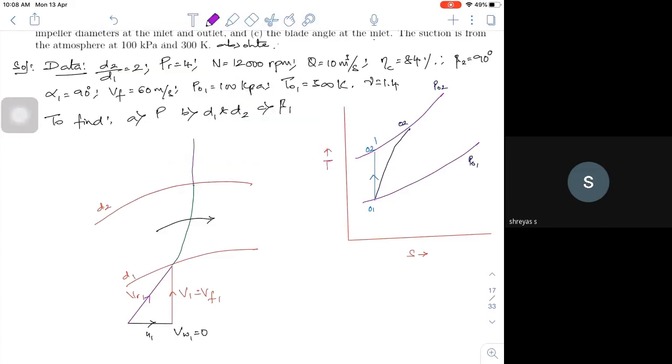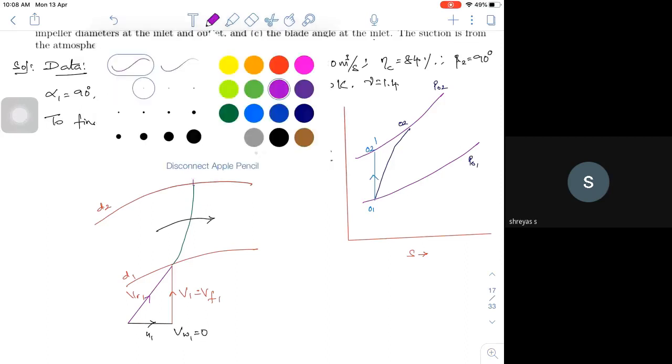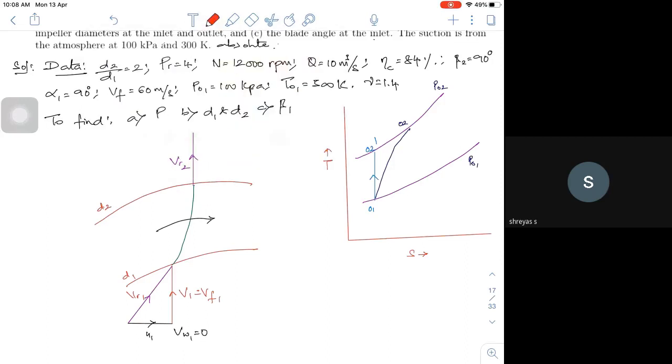So I can write my VR2 to be like this, and the corresponding V2 will be like this. This is my V2, and this will be my corresponding U2, so that this is my beta 2, this is my alpha 2, this is my beta 1, this is my alpha 1.